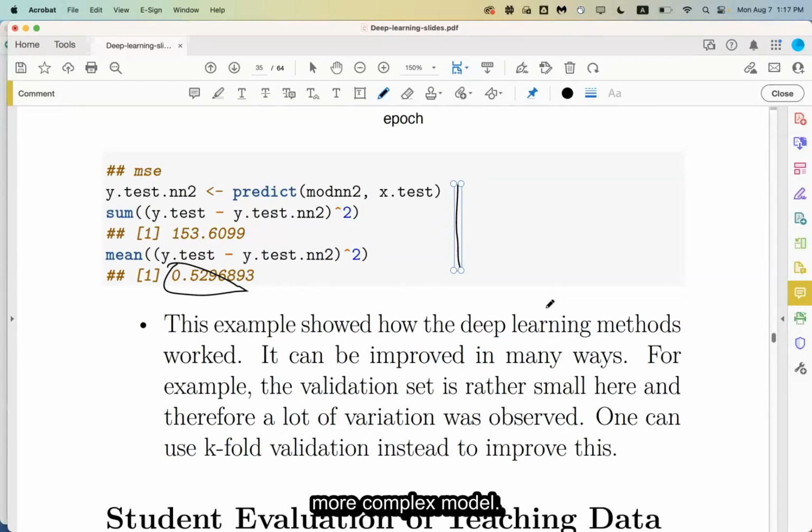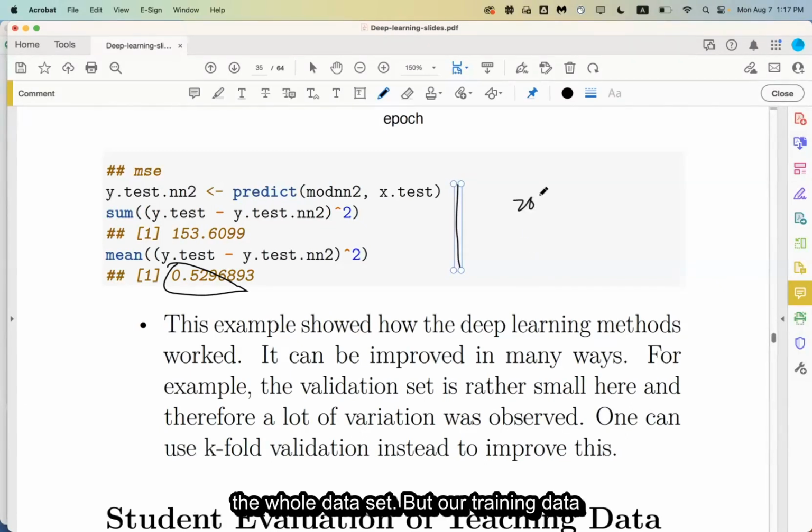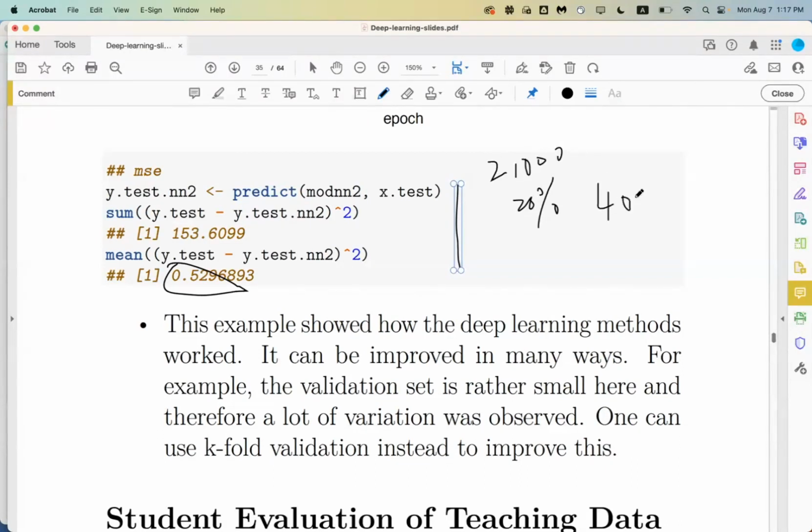Another issue with the current data analysis is our validation data set is rather small. We use 20% of the whole data set, but our training data has 2,000 participants. 20% means we use 400 for validation. Okay, this may not be accurate enough.